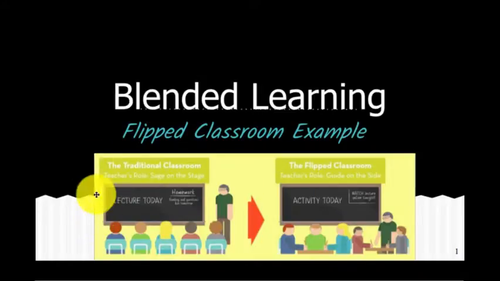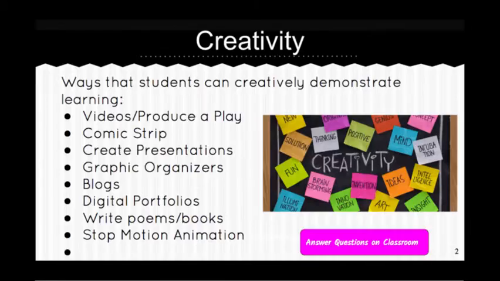We are working in the innovation and creativity strand of the tip chart for today. That's the main focus of what this flipped lesson is going to be about. When you're thinking about creativity, there are some ideas that I've seen in some of your classes, and maybe some things that you haven't thought about, ways that kids can demonstrate their learning. Everyone's done something, whether it's a project or an in-class activity that gets at kids' creativity and what they can do in terms of showing what they've learned.